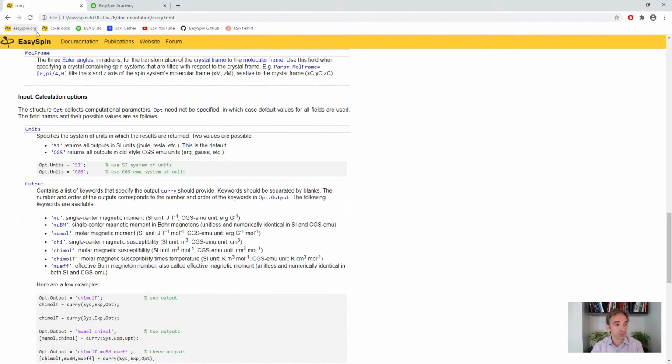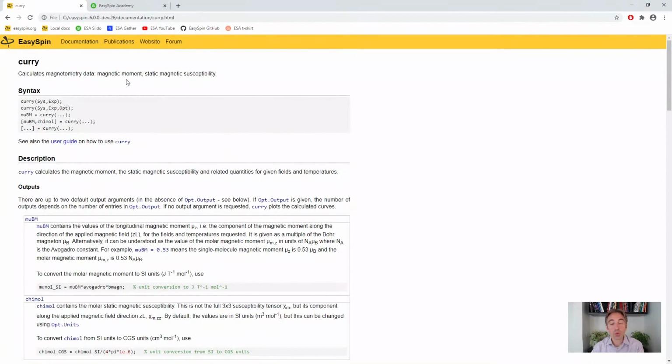And a reminder, a warning for those who have used Curry before. Curry has changed quite a bit since its initial release. And you will find that it got a little better, it got a little faster, and the interface is cleaner. However, the documentation is not quite up to date yet.